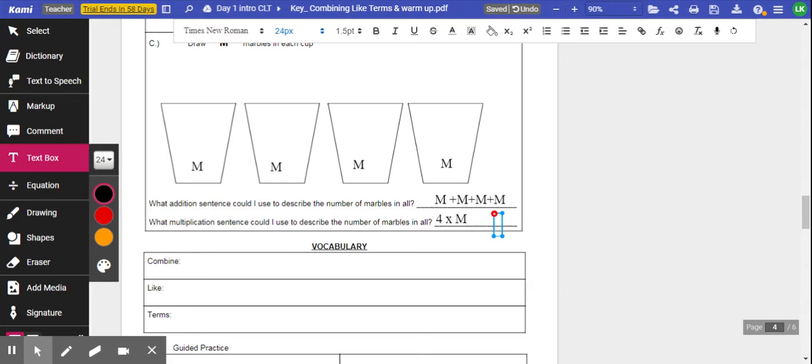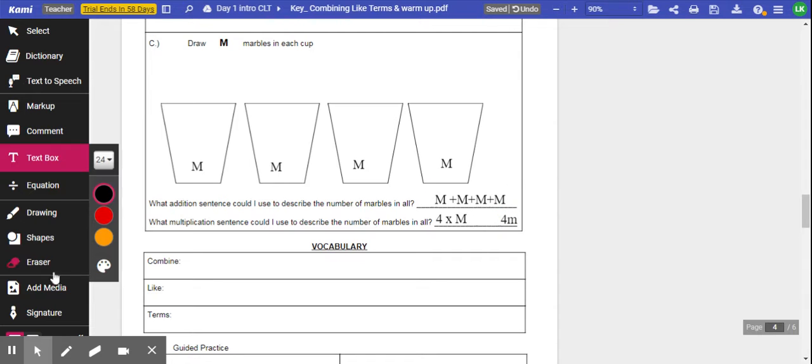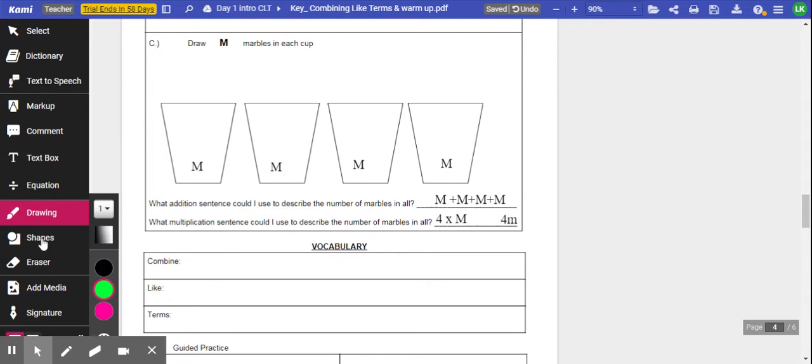How do we write that algebraically? I can write it as 4m. That's the way you're mostly going to see this. Just going to put a circle around this one, because this is how you will usually see this.